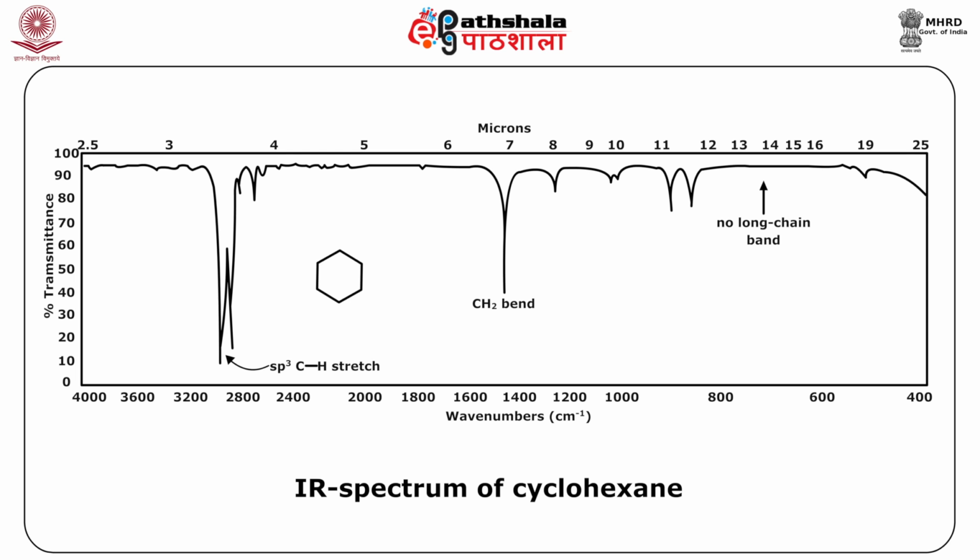In sterically strained cyclic compounds, the CH stretching normally occurs at slightly higher frequencies. For example, the ring CH2 and CH groups in a monoalkyl cyclopropane ring absorb in the range of 3100 to 2990 centimeter inverse. This shows the IR spectrum of cyclohexane.